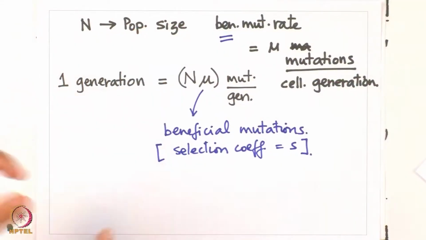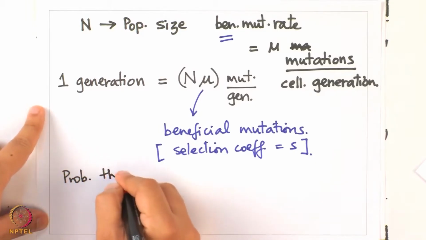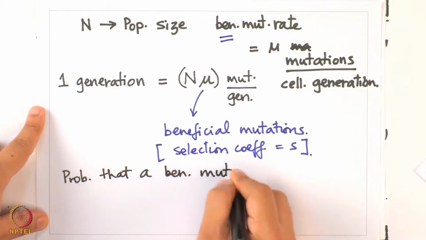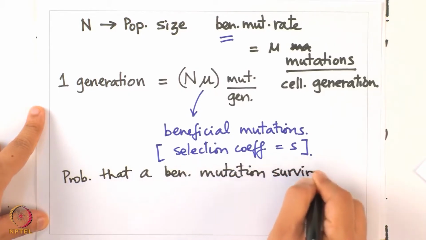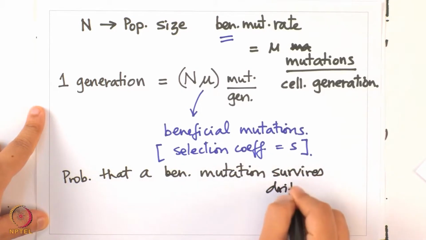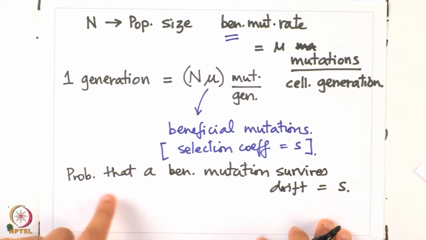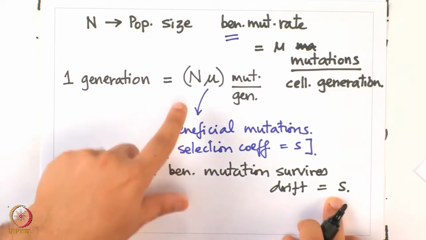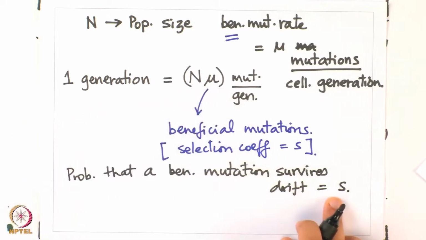But we already know this result, because we know that the probability that one beneficial mutation survives drift is just equal to S. So, if one beneficial mutation survives with the probability S, how many are going to survive if the total number of mutations that are occurring is n mu?